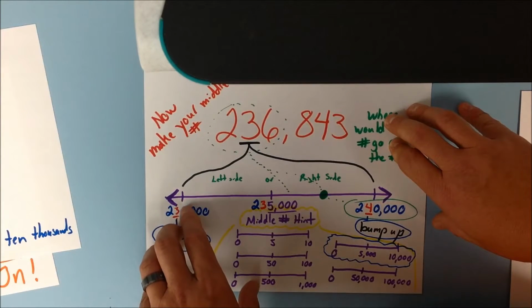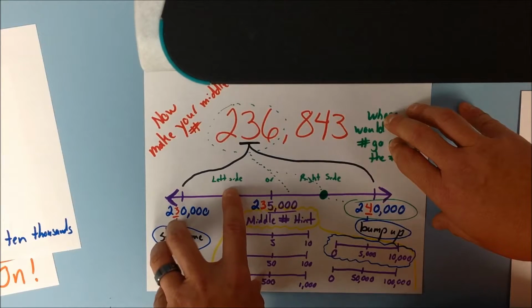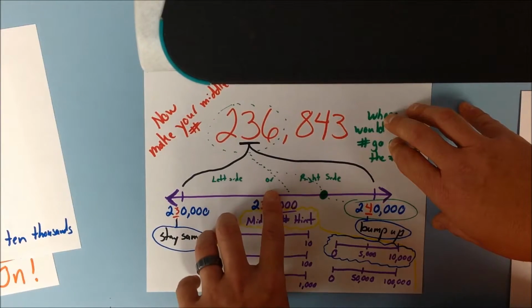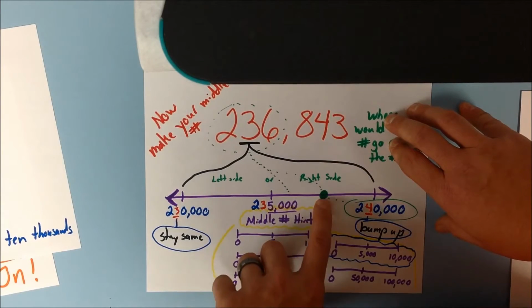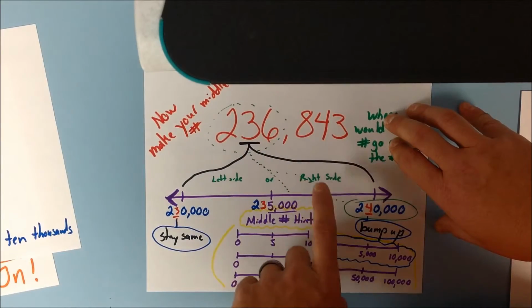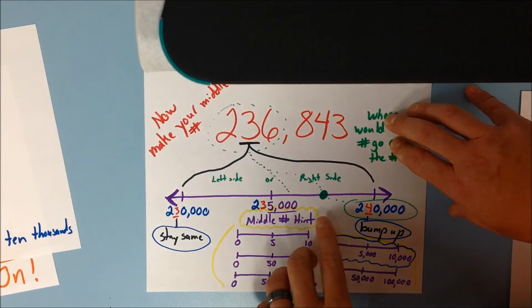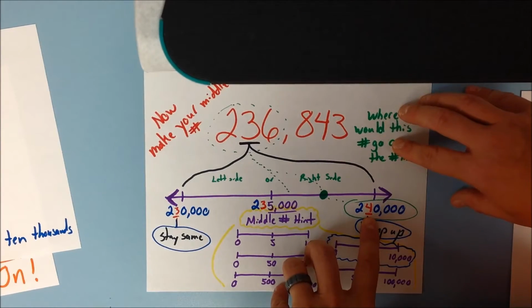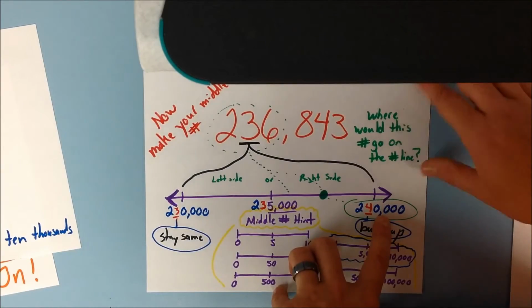So if I skip count by ones, 231,000, 232,000, 233,000, 234,000, 235,000, 236,000. Now, I put my dot over here, but it probably goes somewhere right over here. So this definitely would go on the right side. If it goes on the right side, we would say that it rounds to 240,000. That's the 10,000 that it's closest to.